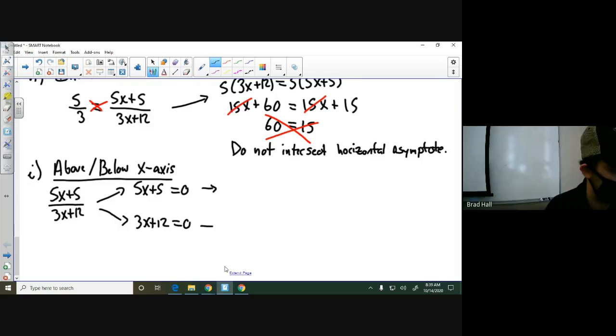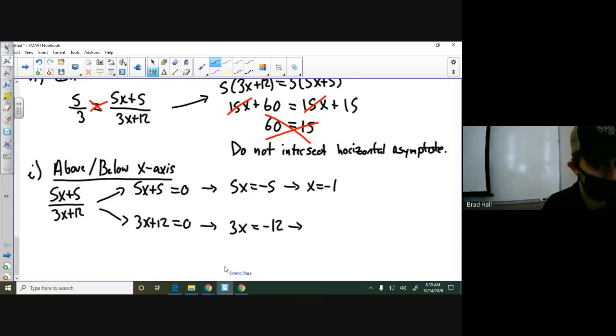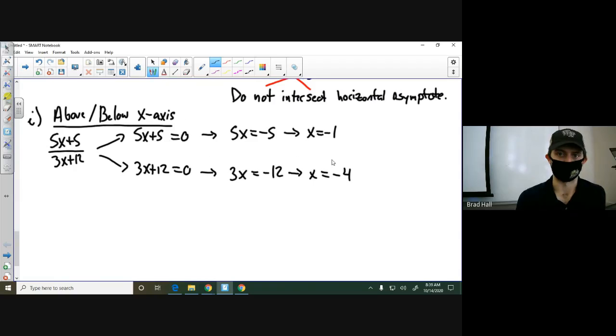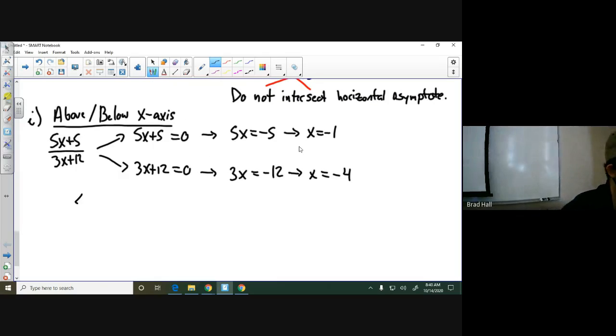Which means we can solve for both of them. So we get -1 and -4. Those are the zeros that correspond to the numerator and the denominator, respectively. And from here, what it's saying is now we're going to use a number line test.